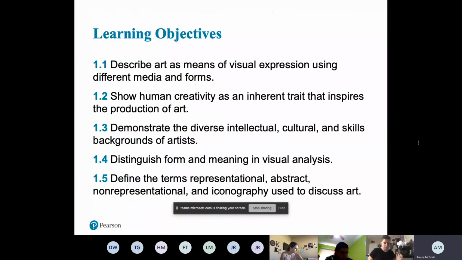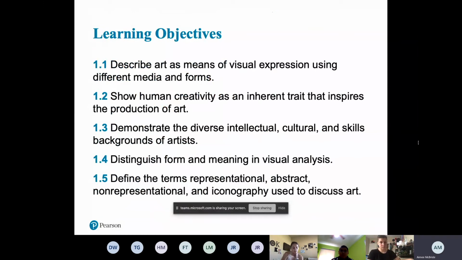So every single lecture starts with some learning objectives. These I don't like to spend too much time on, but generally by the end of this particular lecture, you should be able to answer these questions if you put them in question format. So for example, learning objective 1.1 says describe art as a means of visual expression using different media and forms.